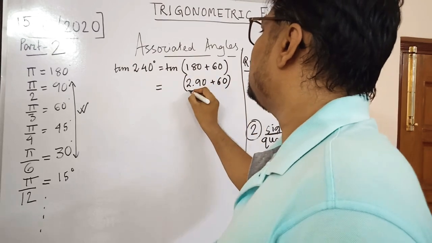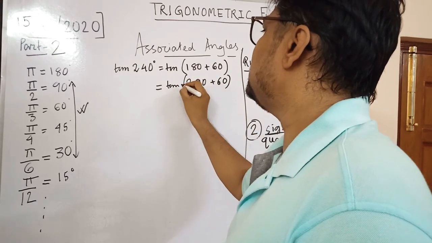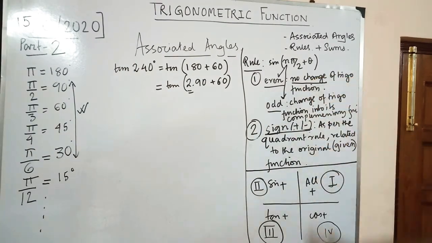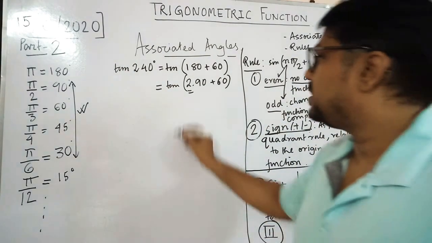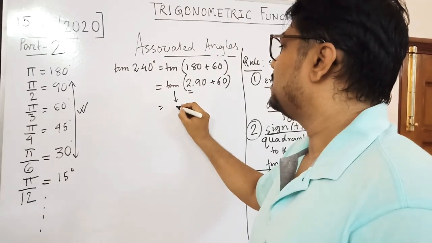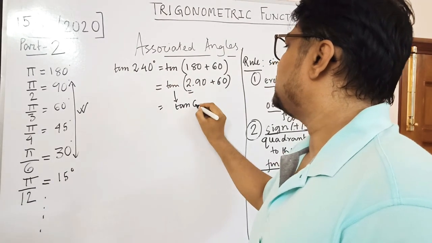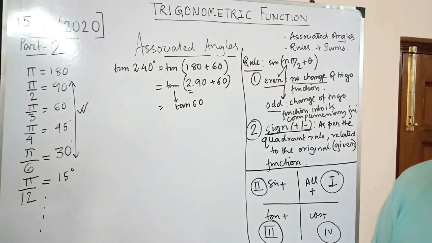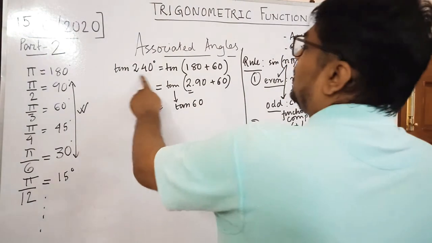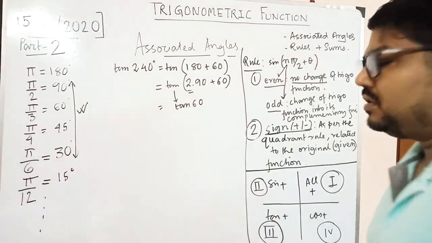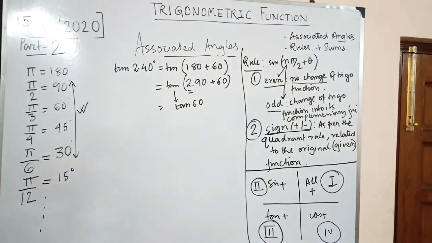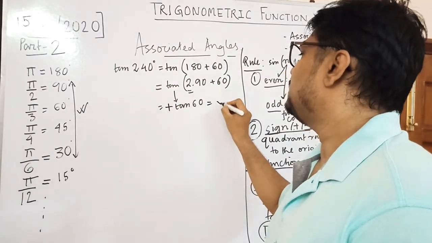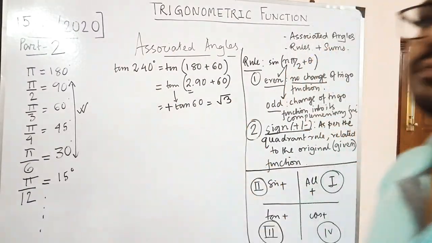So is this even or odd? This is an even multiple. Even multiple means no change, so tan will be tan only. Tan 60. And what sign, plus or minus? You will check tan 240. Tan 240 is positive. It is third quadrant, so it will be plus. So the answer will be root 3.